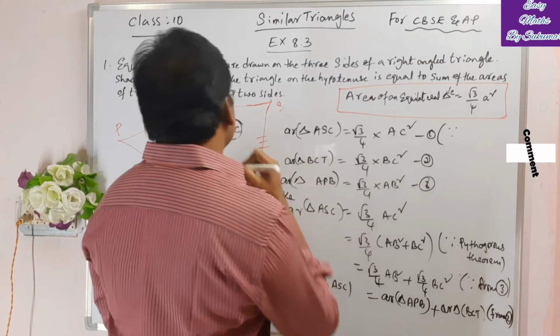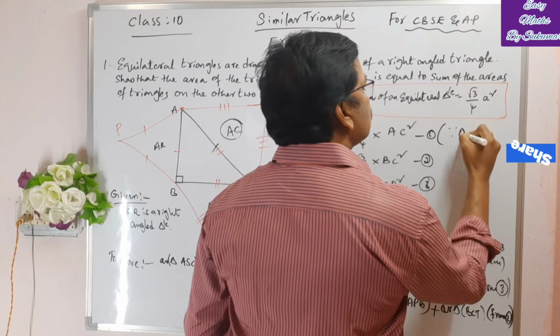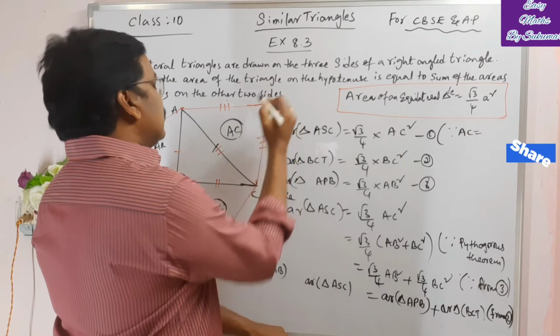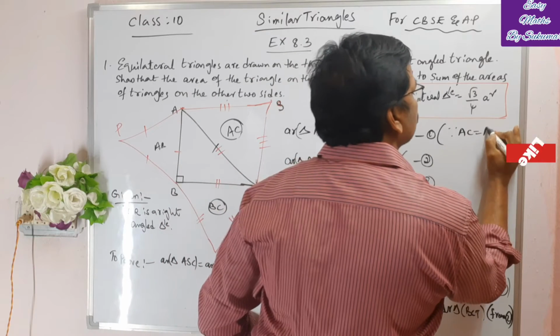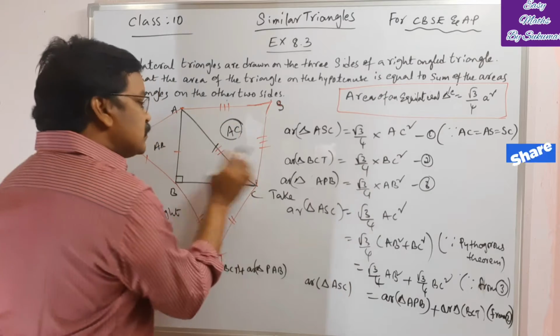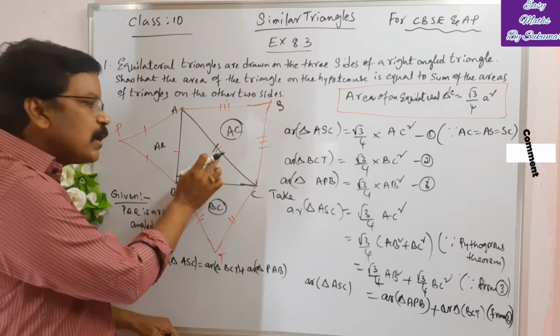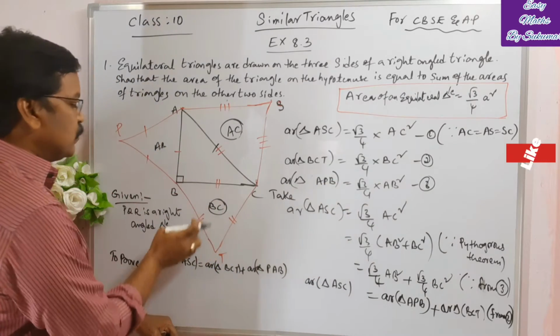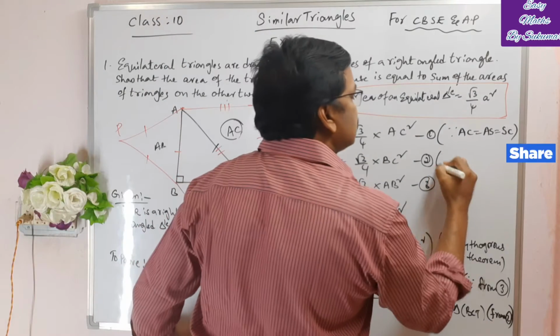The reason is here, this AC is equal to what? AS, and it is also equal to SC. So all these 3 sides are equal, so I have taken only AC, right? So this is root 3 by 4 BC square. BC is equal to what here?